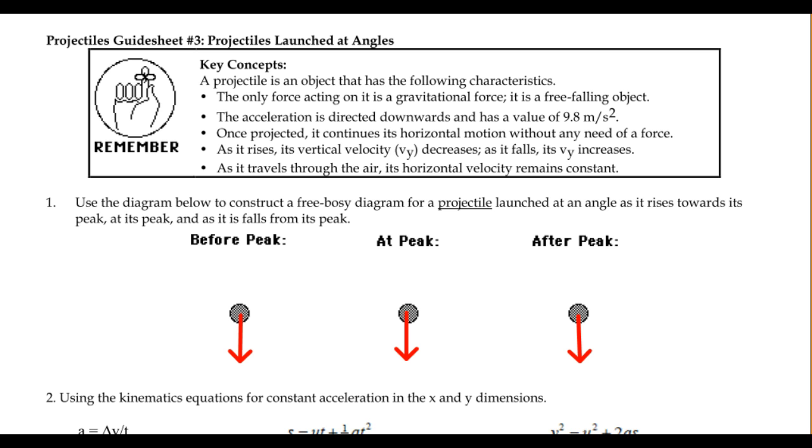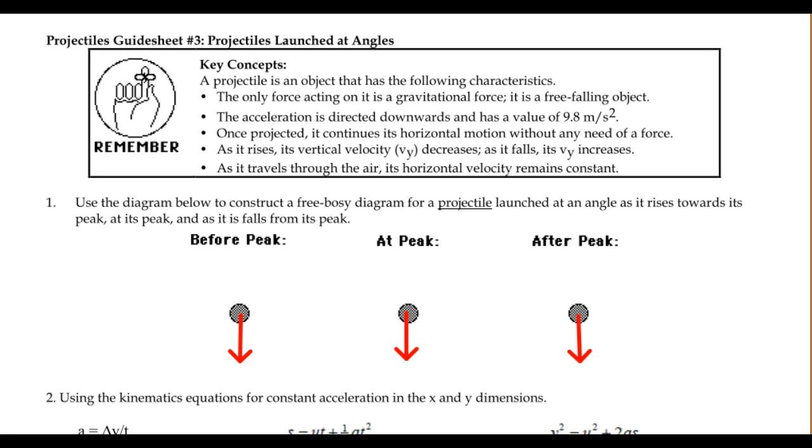Once projected, its horizontal motion is based on inertia. There are no forces in the x direction, so the object moves with constant velocity in the x direction. As it rises, since gravity is acting downward, the vertical velocity decreases until it reaches 0.